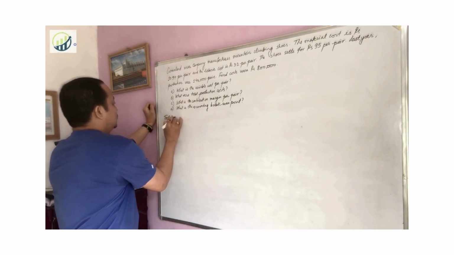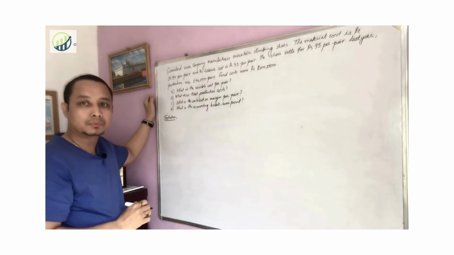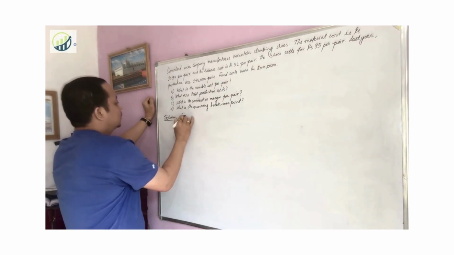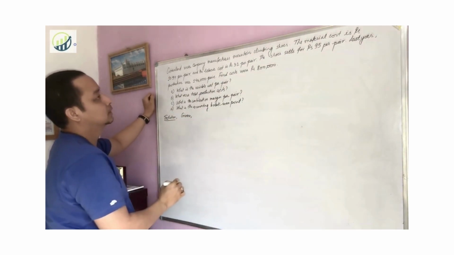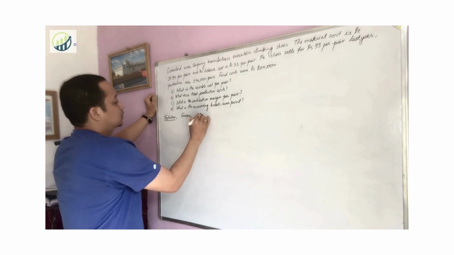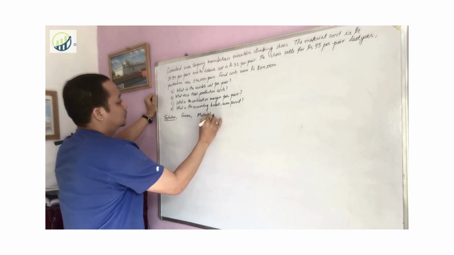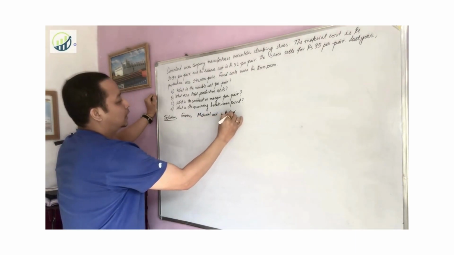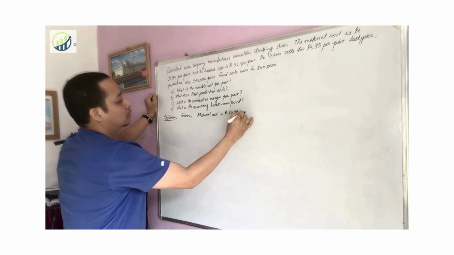Solution. For solving this problem, let's first start with what is given here. Material cost is given here, rupees 10 and 94 paisa per pair.